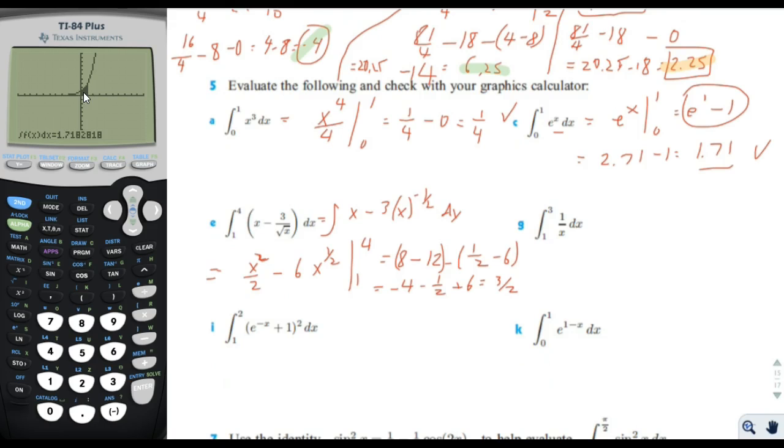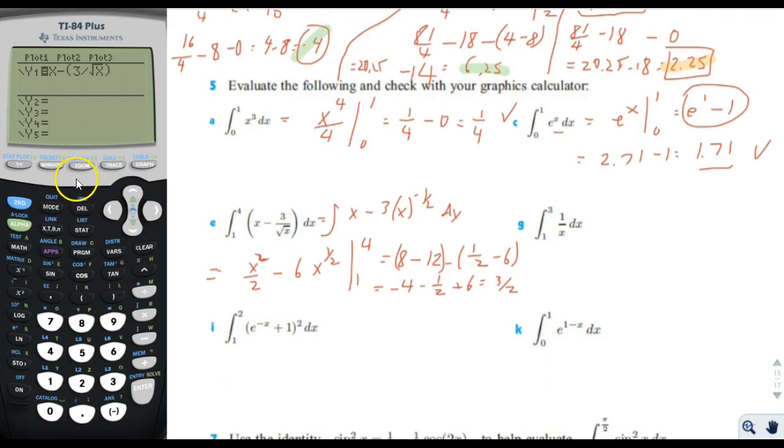So let's try that one. The function is a little bit harder to input. Remember you're inputting the function itself, you're not inputting the integral of the function. 3 divided by square root of x, in parentheses.